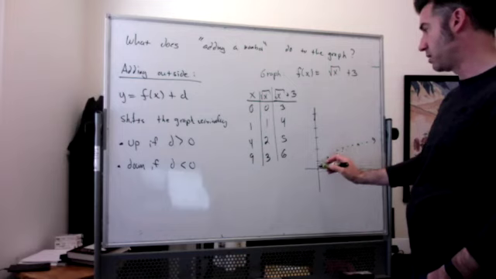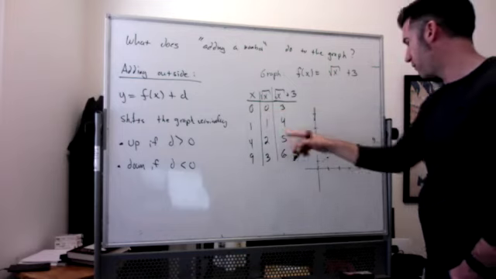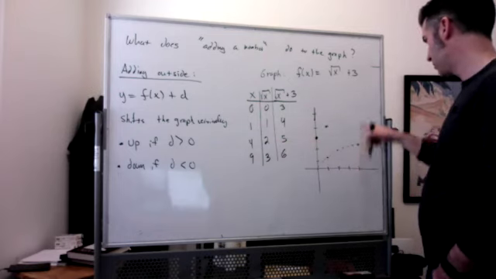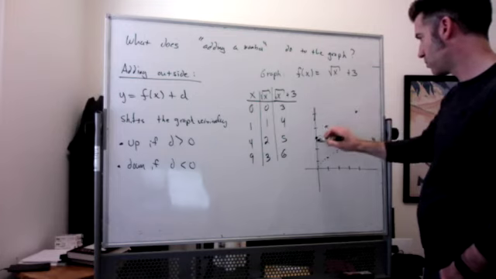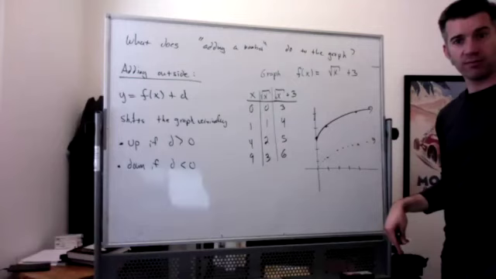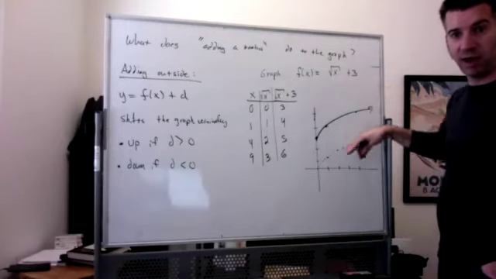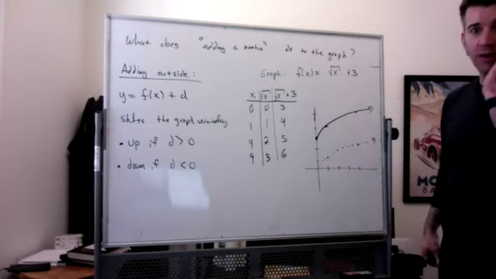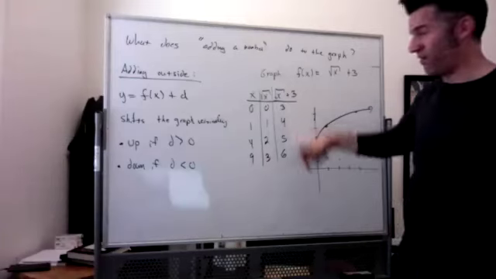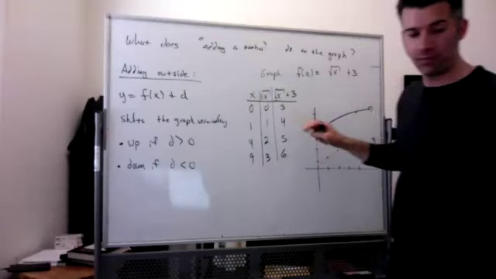I'm going to get the point 0, 3, and the point 1, 4, and the point 4, 5. So it's the same graph, we just moved it up 3. And if I had done square root of x minus 2, it'd be the same graph, but all shifted down 2. So again, the x values stay the same, the y values get changed when you do something outside the function.